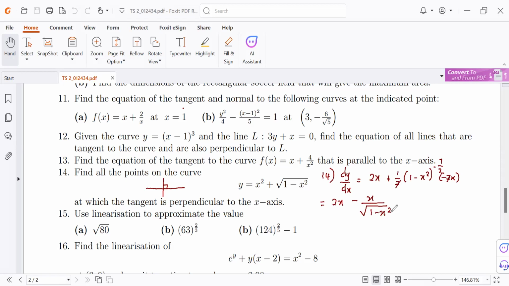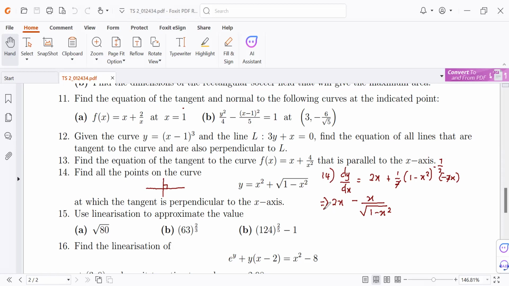You see this? This is the gradient equation. For this to be undefined, remember, a vertical line should have an undefined gradient. We want to find all points on the curve at which the tangent is perpendicular to the x-axis, so the tangent must be vertical, meaning it should have an undefined gradient.